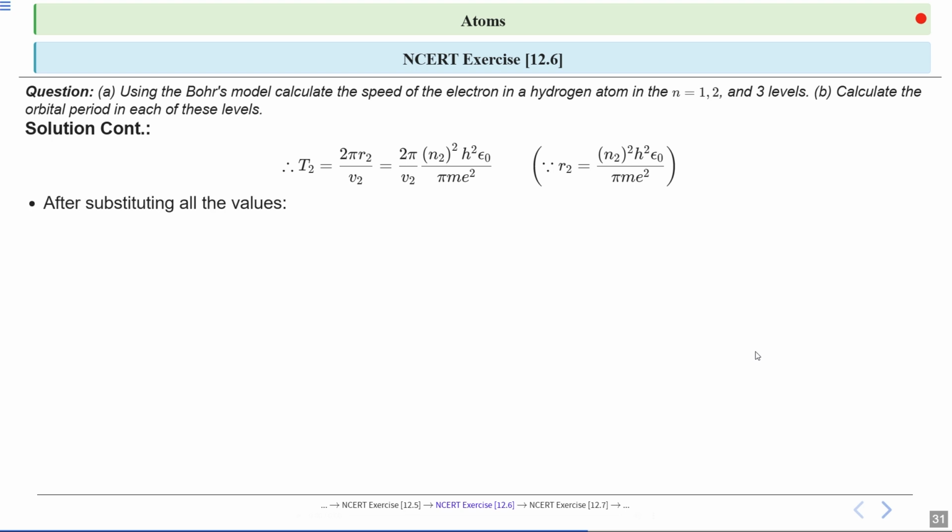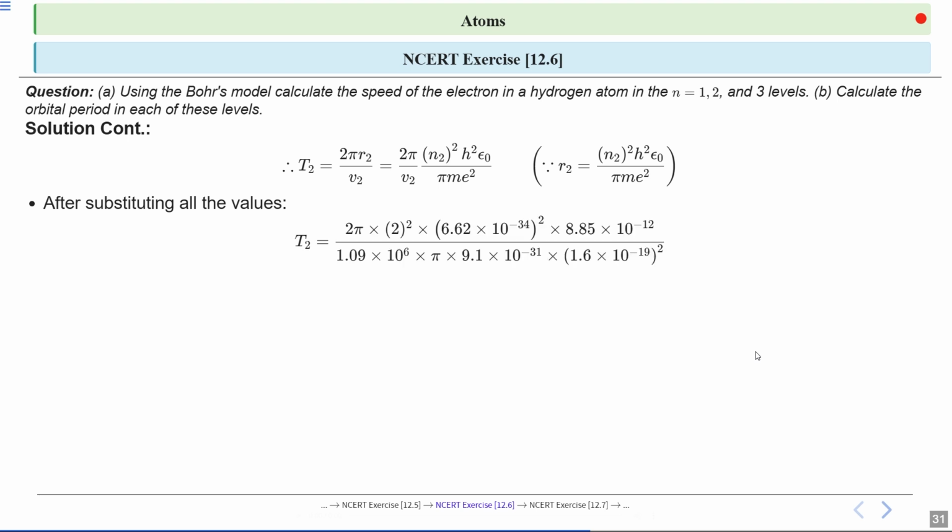Now let's substitute the known values for all the constants and variables into our formula. This step is important because it shows how we move from a general equation to a specific numerical answer. Here is the full substitution with numbers.